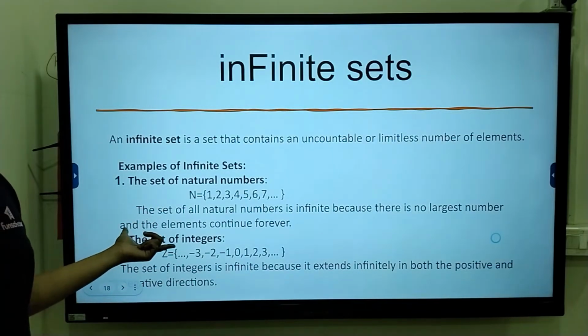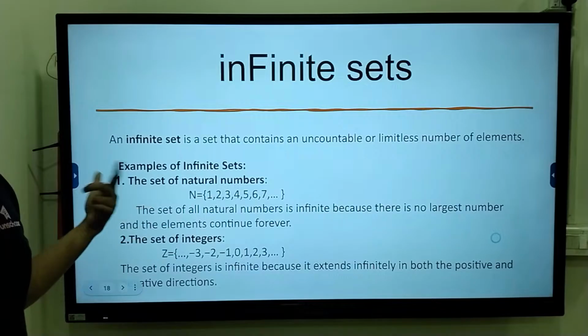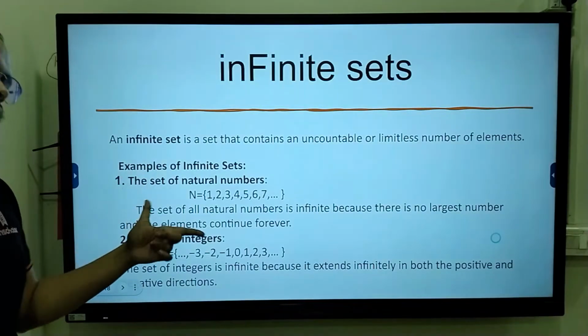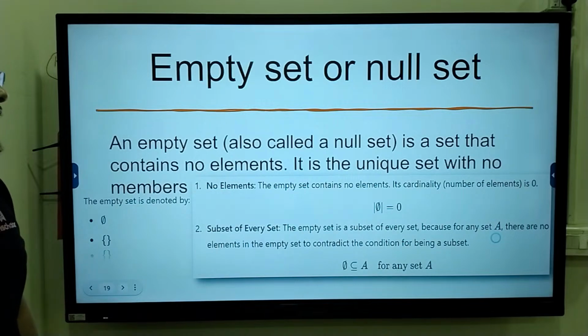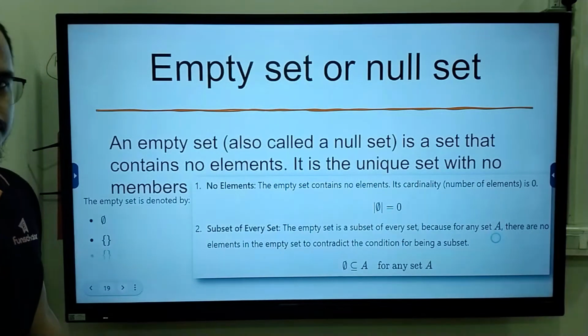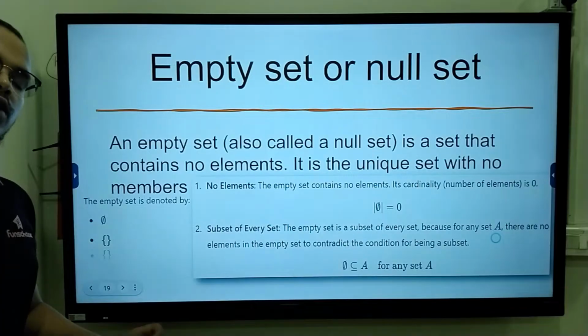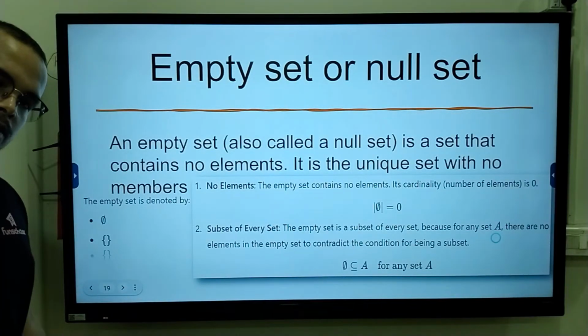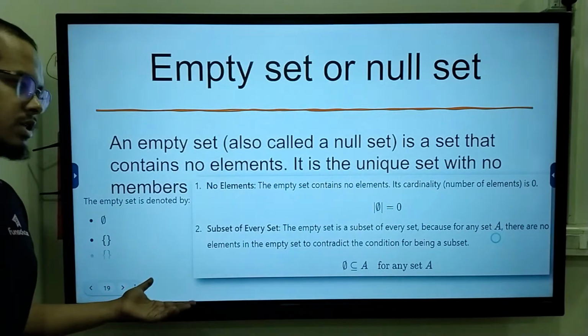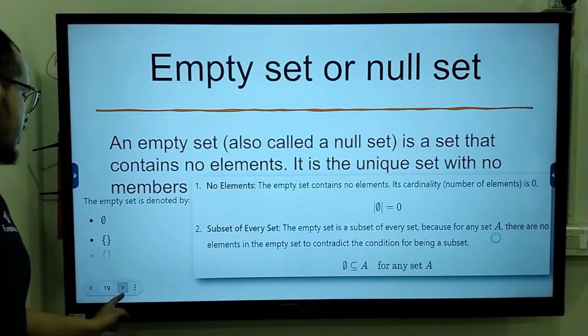Similarly, if I write the smallest possible integer, it goes to negative infinity, again an infinite set. Next, empty or null set, where there cannot be anything. I've already told you that if I write positive numbers between -5 and -7, there is no positive number between -5 and -7. So this is what you call a null set or empty set.